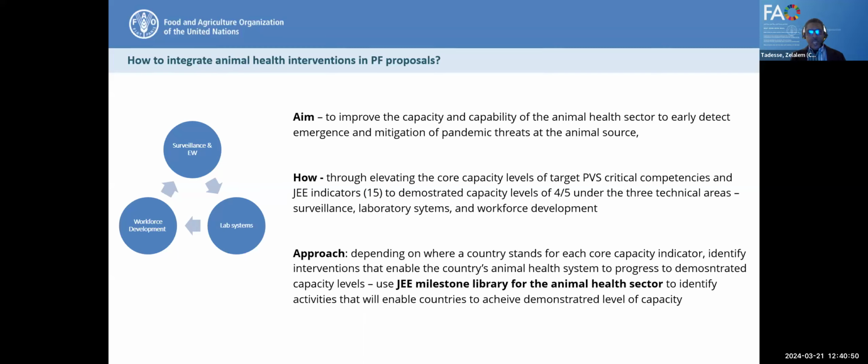We have also supported development of a JEE milestone library for the animal health sector. Therefore, we recommend that countries make use of and refer to this library to facilitate the identification of activities that will enable countries to achieve demonstrated levels of capacity through pandemic fund projects. Next, please.